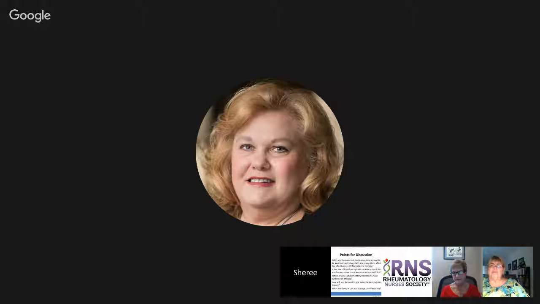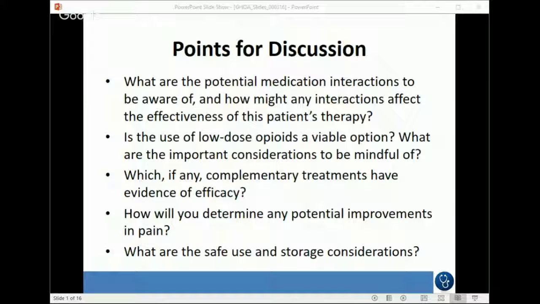You're so right. Ellen made a great point, too, that I think it's important for the nurses to know and feel comfortable with the difference between physical dependency and addiction and the length of time that it would take for either one.